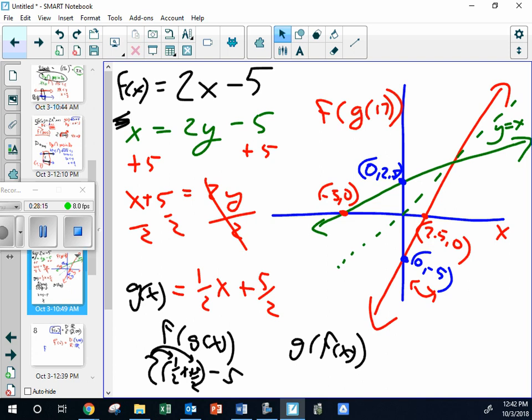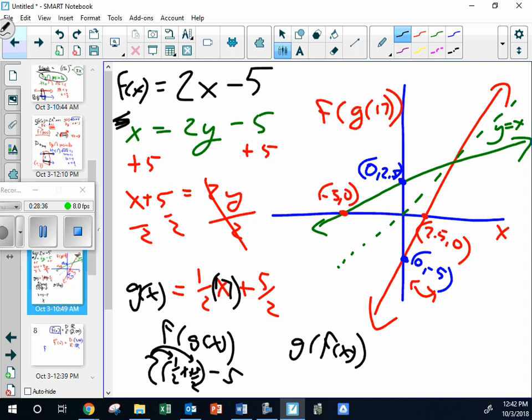Maybe. What do you think it is? Because I don't know what it actually equals. So if you actually figured out what that equals, I would know if you had it right. Okay, if we wanted to plug 17 into the g function and then find f of that, yes, you could.